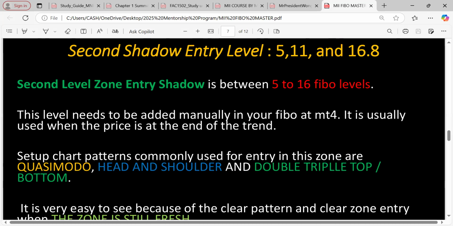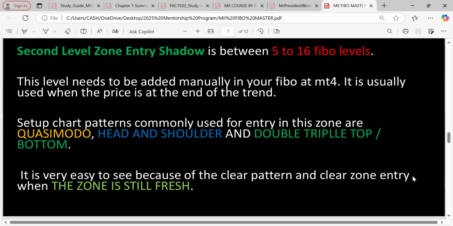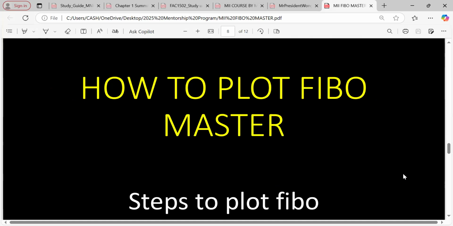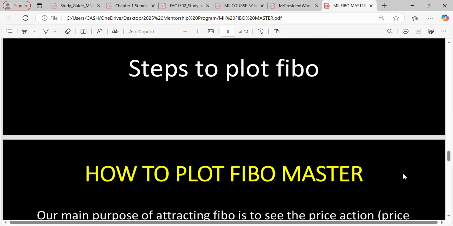You are more likely to see even a QML at these levels. These are levels where you're more likely to see a reversal where the price changes direction. So this is basically what happens with the 5, the 11, and the 16.8 percentages of the Fibonacci. I think we've spoken about this.